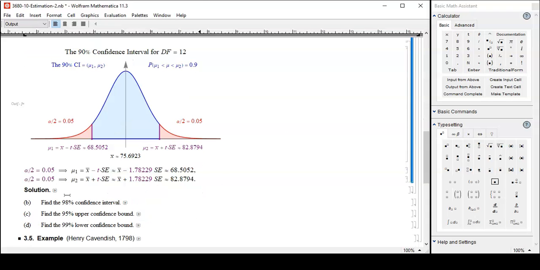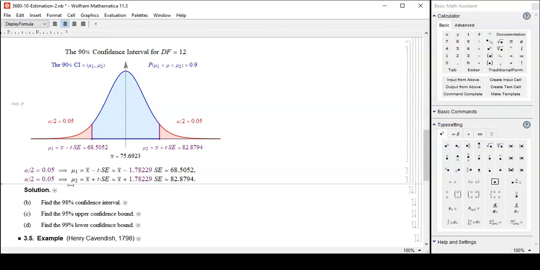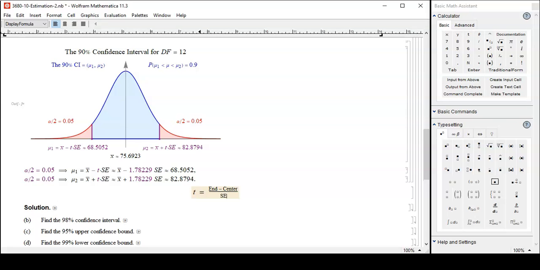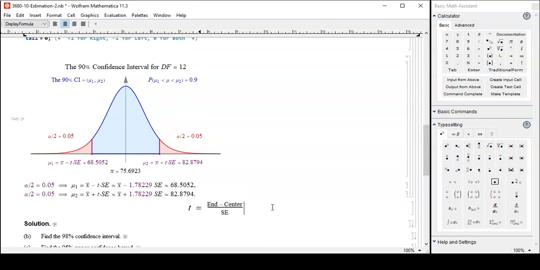And the idea is the same, basically. We want this computation. The t-score, just like the z-score, is n minus center over SE. And that n is the quantity we want to find out.